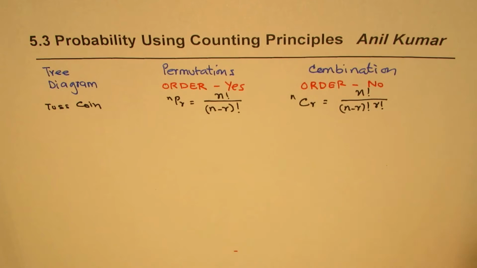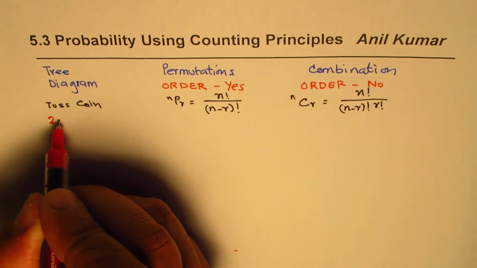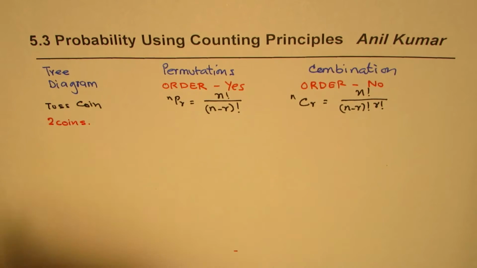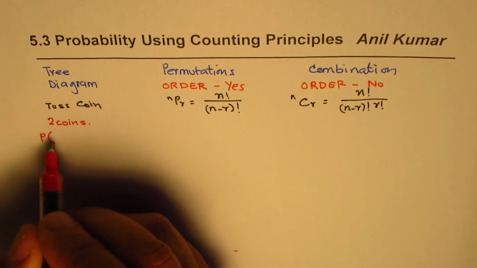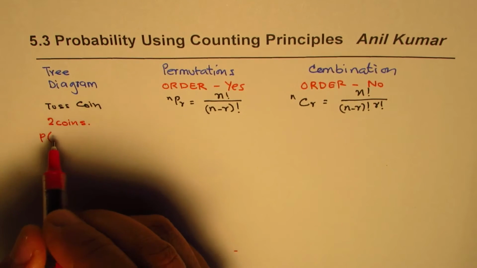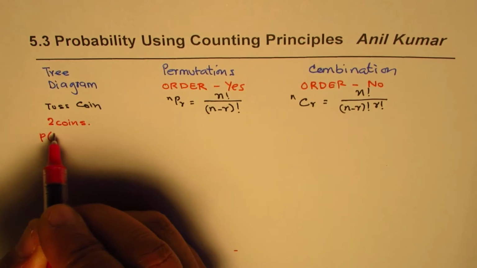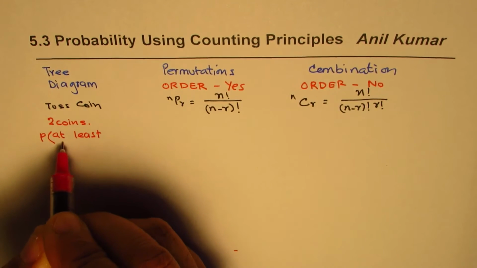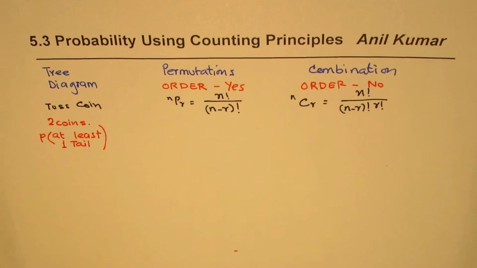Let's say we have 2 coins, and we want to find the probability of getting at least one tail.